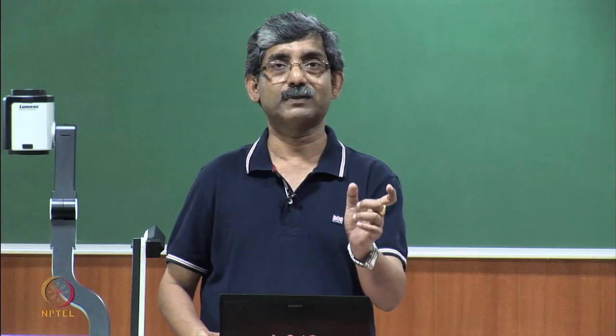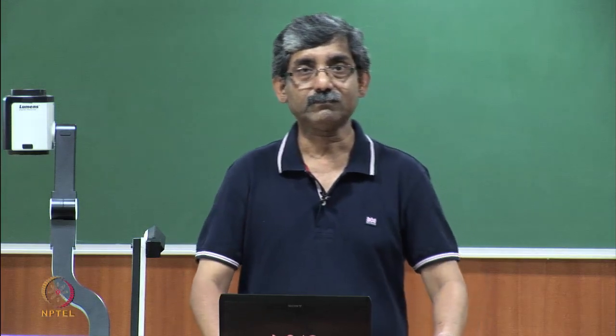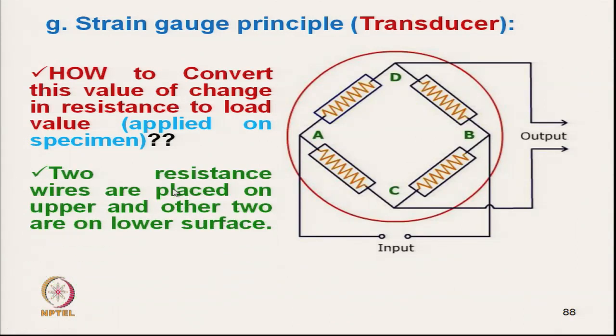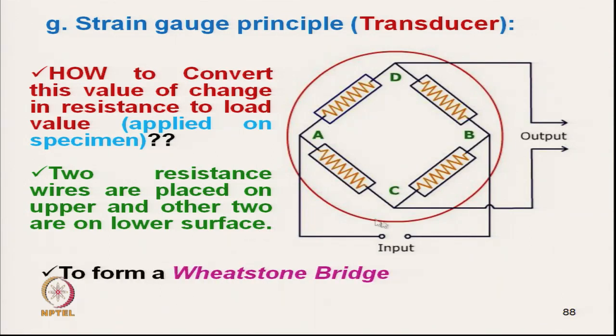So, the upper surface gets extended and the bottom surface gets contracted, and accordingly this resistance changes. Then we can form a Wheatstone bridge. Two resistance wires are placed on the upper surface and the other two on the lower surface, and it forms a Wheatstone bridge.